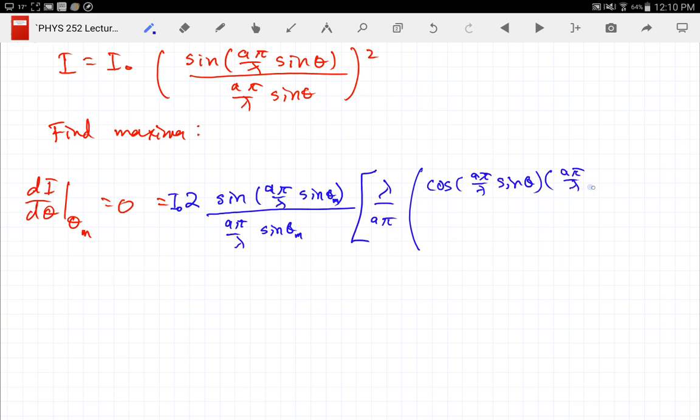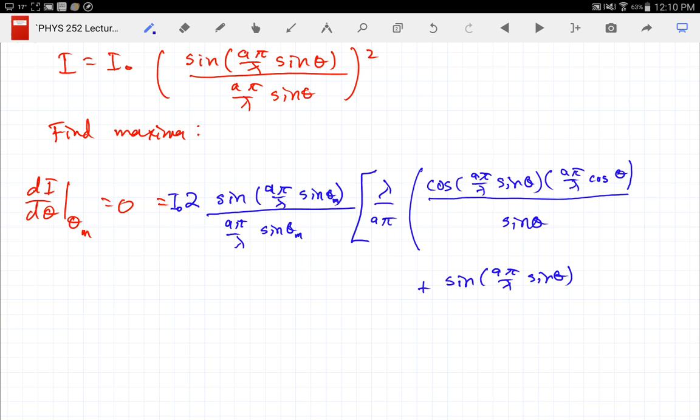So derivative of the inside is a pi over lambda cosine of theta. I know the second. Woohoo! And then we have times the second, which is 1 over sine theta. And then we have plus the first times the derivative of the second.